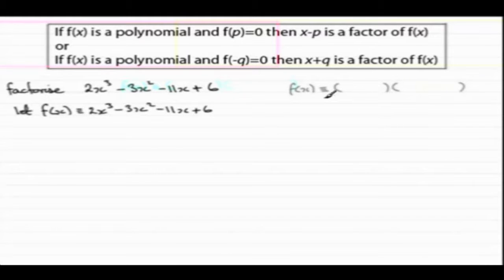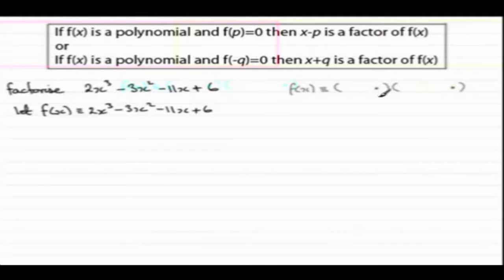Now this particular polynomial has plus 6 on the end, and what we know is that there's going to be a number on the end of this bracket here and a number at the end of this bracket here, and these two numbers are going to be multiplied together and end up giving you the plus 6. So what could they be?